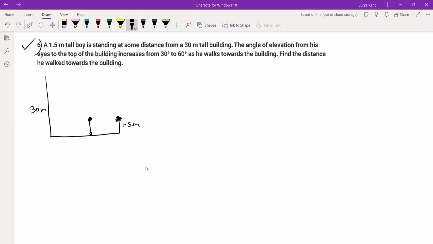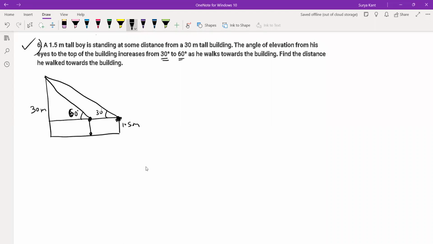So he is seeing the building at an angle of elevation. From here he sees the building, and from here too. So the angle before was 30 degrees, now it becomes 60 degrees. Now make one line over here, and here it has 30 degrees and here 60 degrees. Is it clear what I wrote?